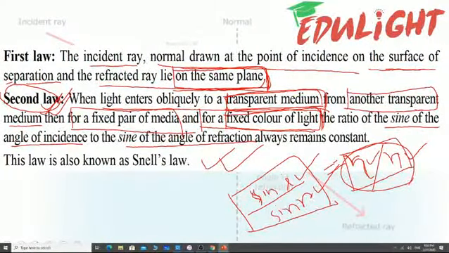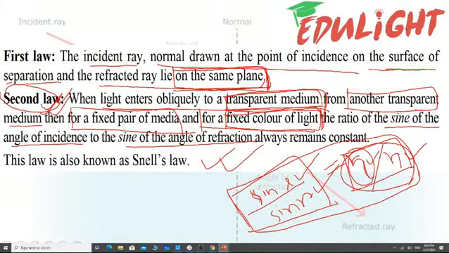So this mathematical expression, sin i by sin r equals eta, means the mathematical form of Snell's law.